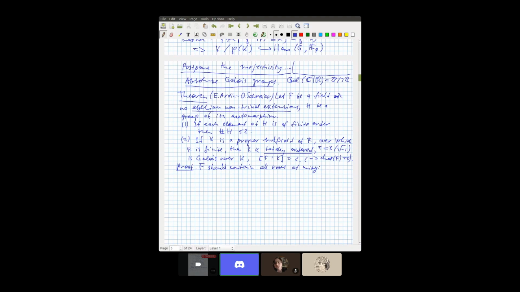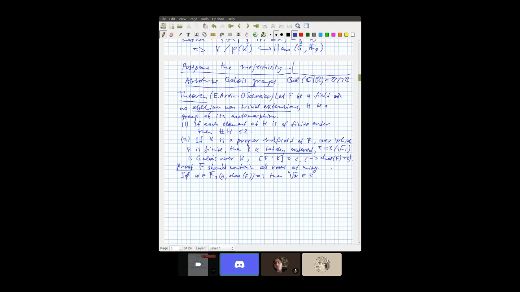Okay. Next, if F contains an element W, and n is not divisible by the characteristic, then F contains an nth root of W, because otherwise it is an abelian extension.